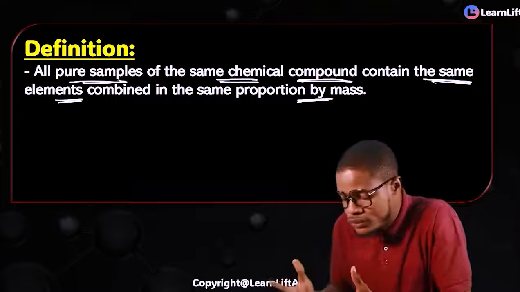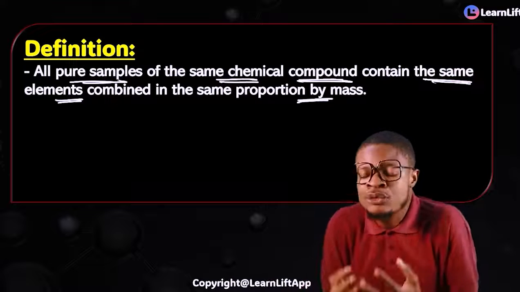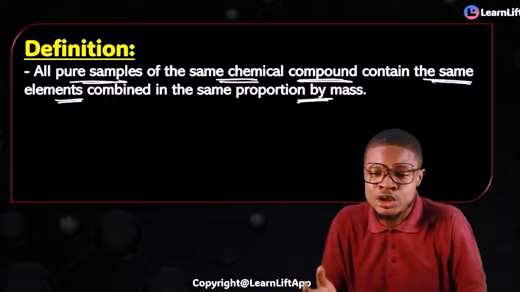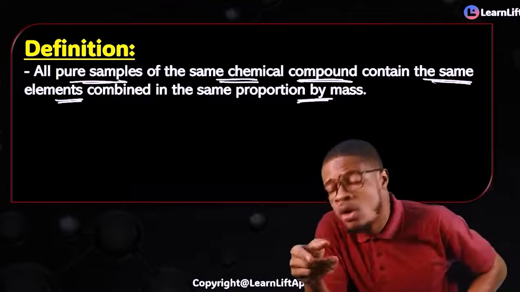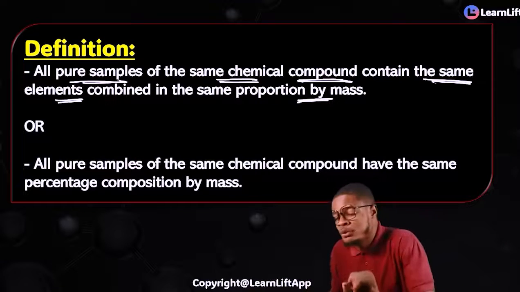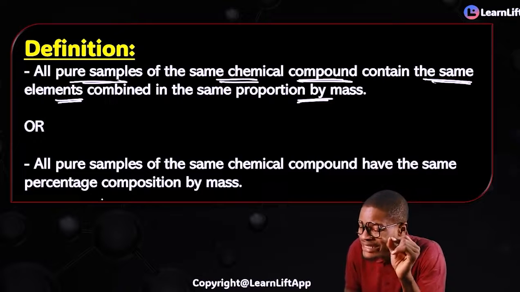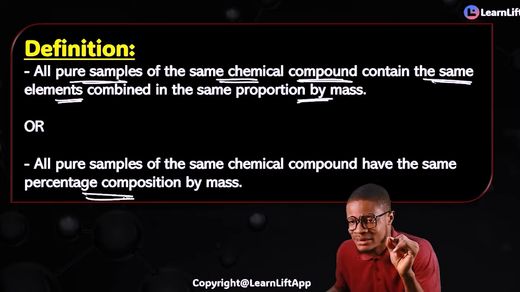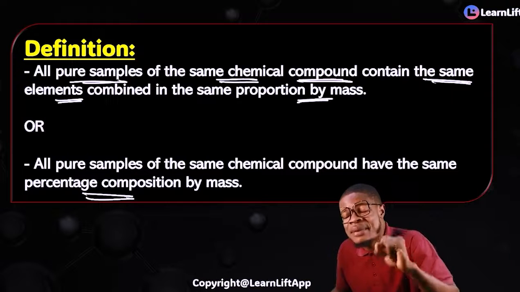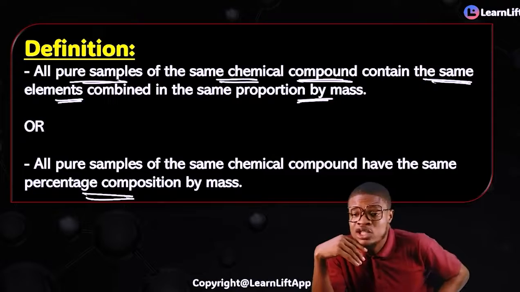All pure samples of the same chemical compound contain the same elements combined in the same proportion by what? Mass. Or another way we can better put it is that all pure samples of the same chemical compounds have the same percentage composition by mass. All pure samples of the same chemical compound, what happened to them? They have the same percentage composition by mass.